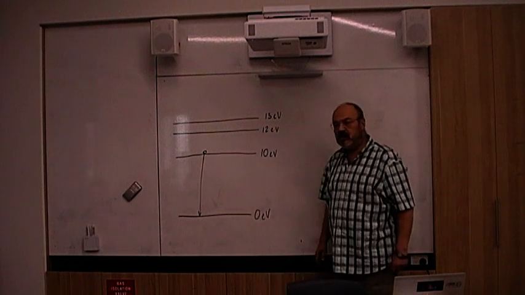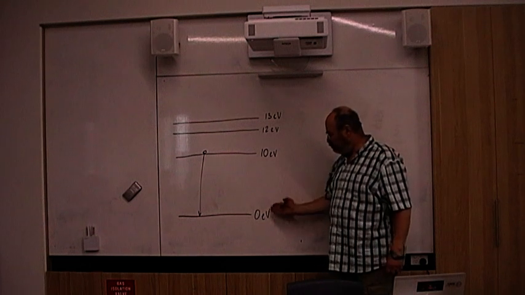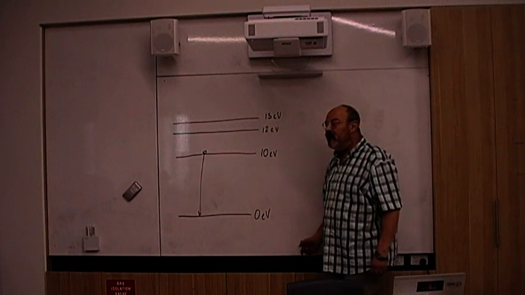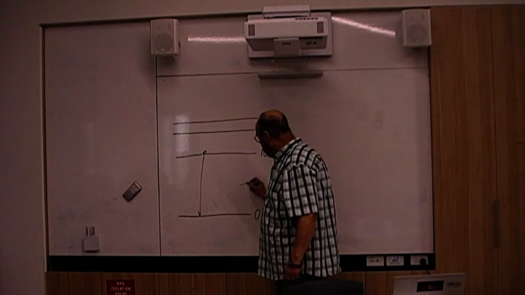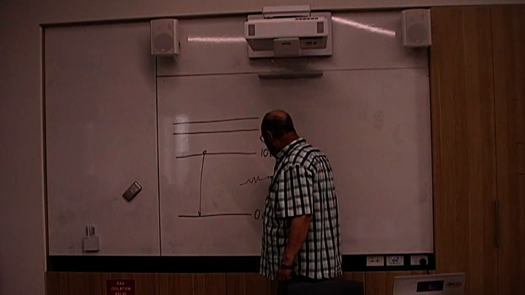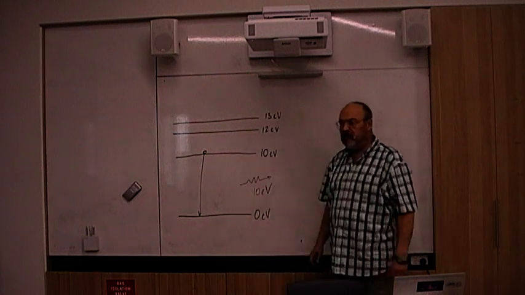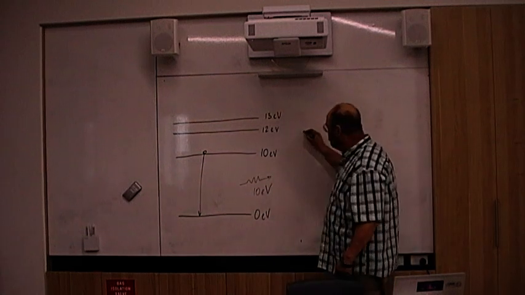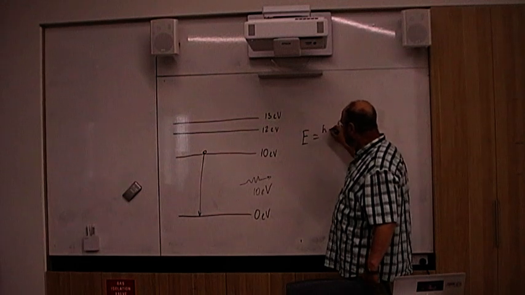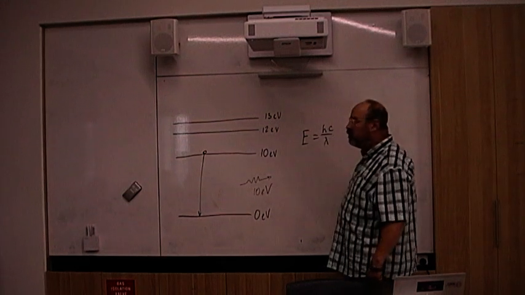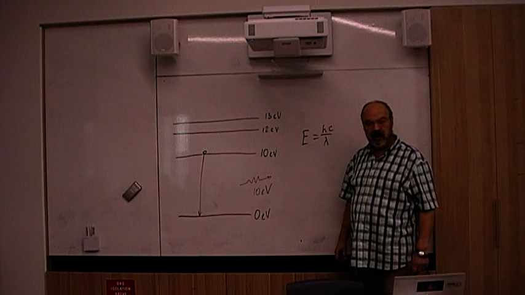What is the change in energy? 10 electron volts. That means a photon of light will be emitted with energy exactly 10 electron volts, which corresponds, by E equals hc over wavelength, to some particular wavelength.